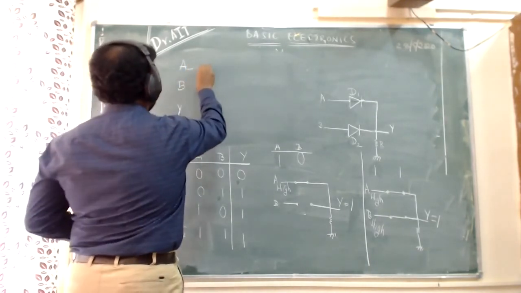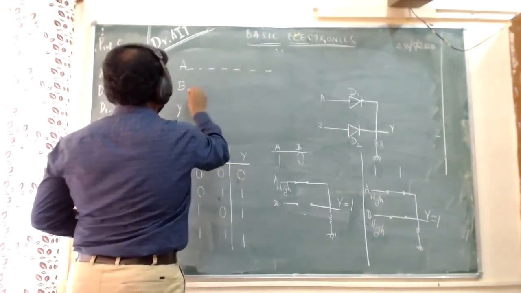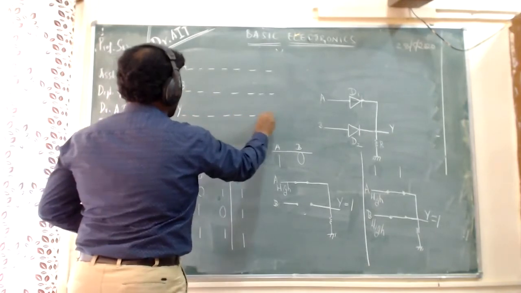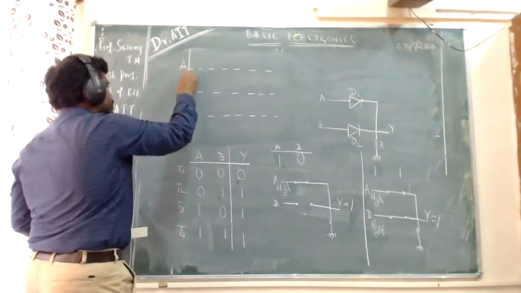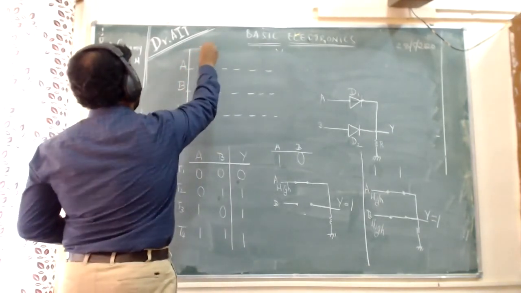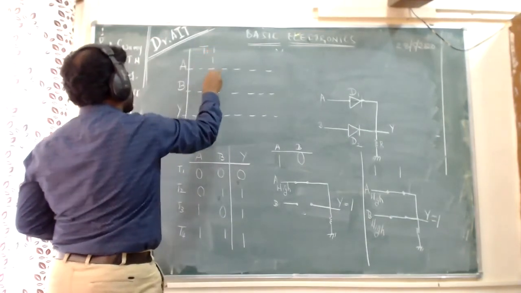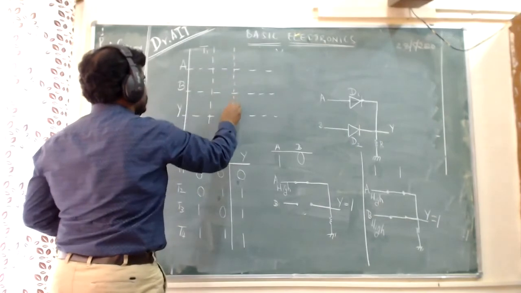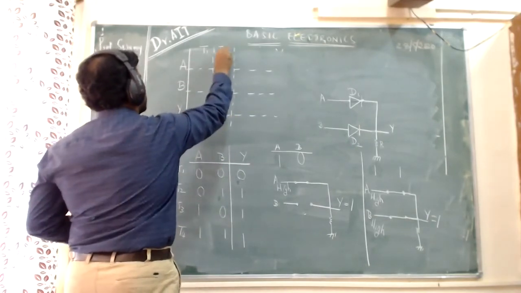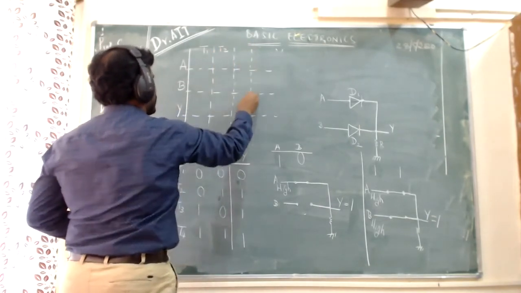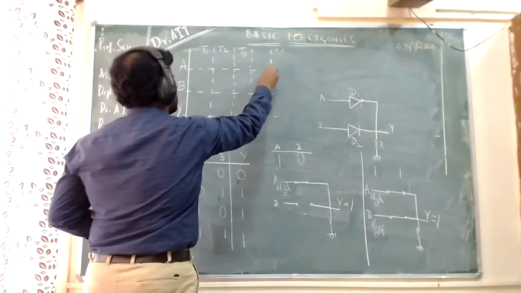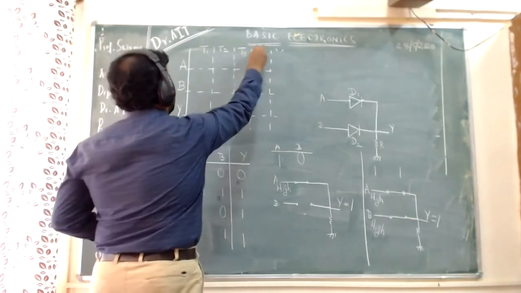So these are all reference lines like this, and this is another reference line. And this is time T1, this is time T2, this is time T3, and this is time T4.